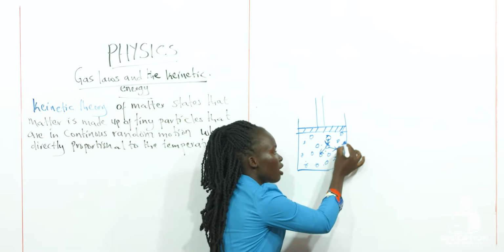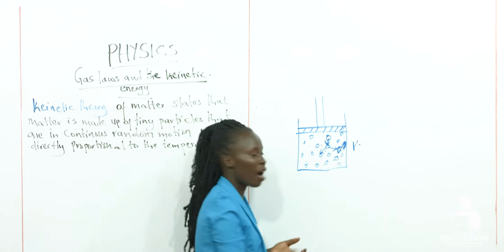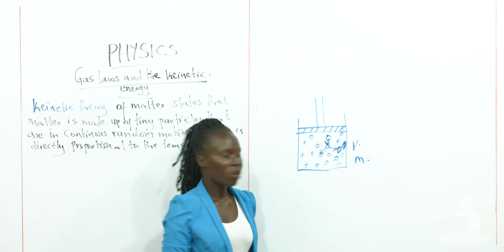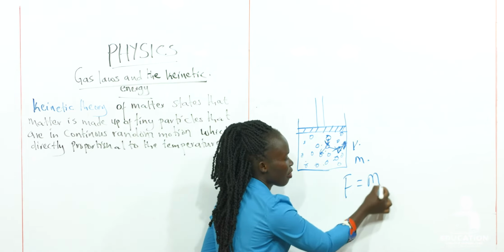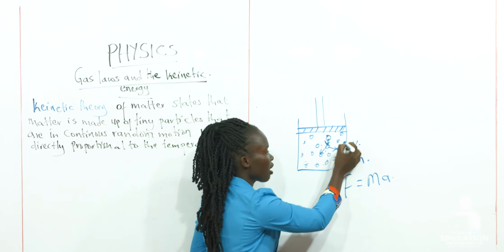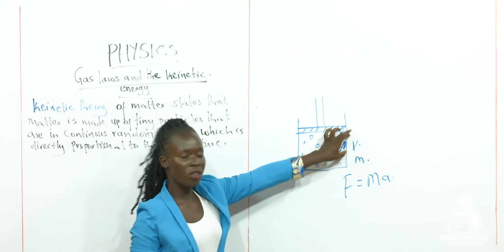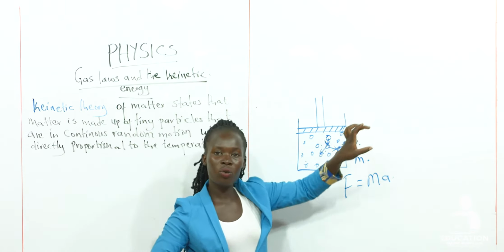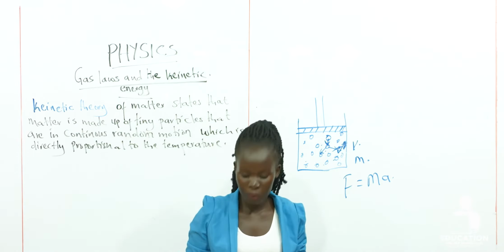When it was going, there was a velocity given to it, and the molecule also has mass. To get force, it is mass and then acceleration. So if it is accelerated to the wall, it produces this force, and this force gives rise to what is known as the gas or air pressure.